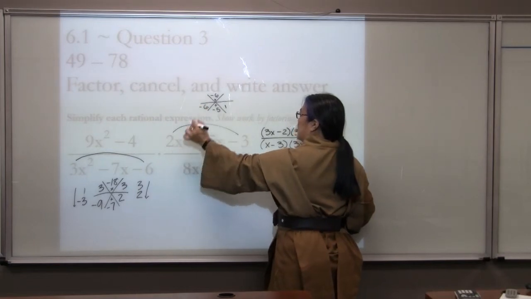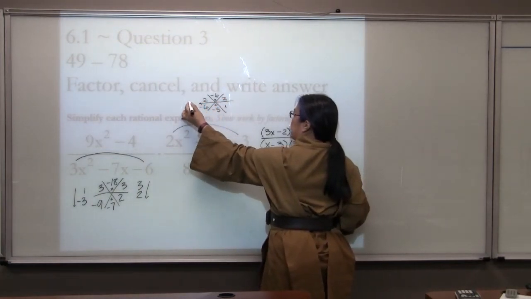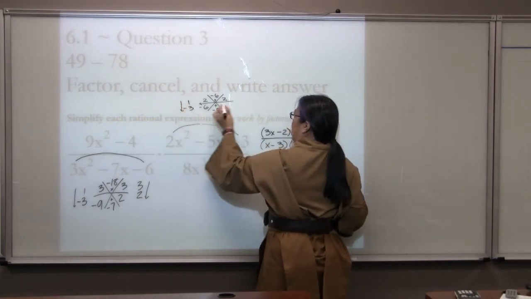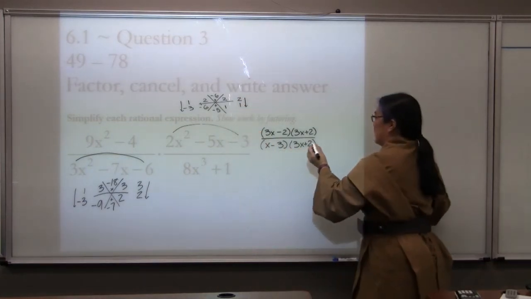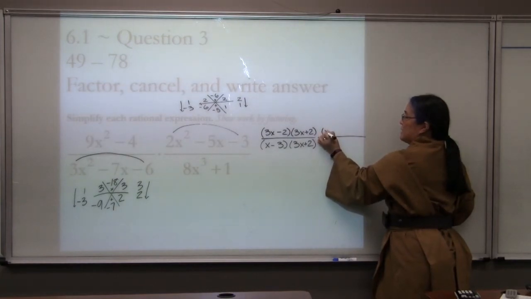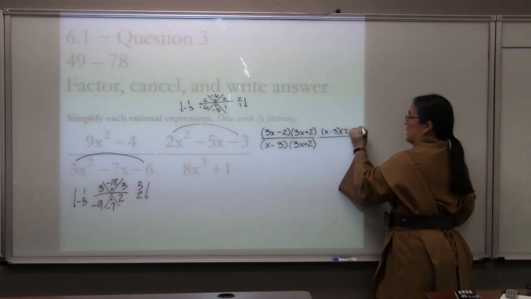And then the 2 will go on the top. I can reduce this way, and I'll get 1 and negative 3. And this one will not reduce. I'll get a 2 and a 1. What that means is we'll have x minus 3 and 2x plus 1.